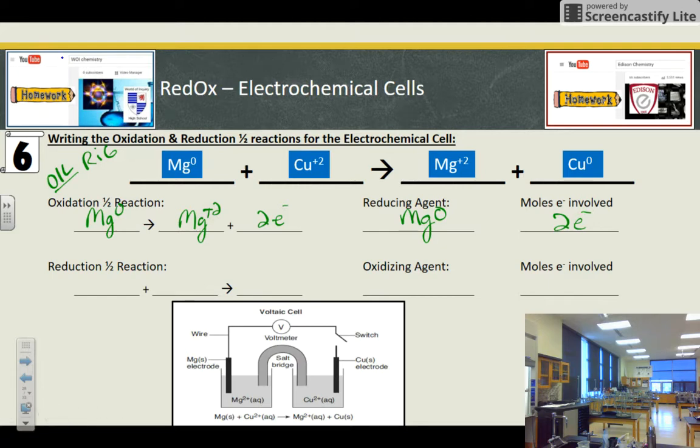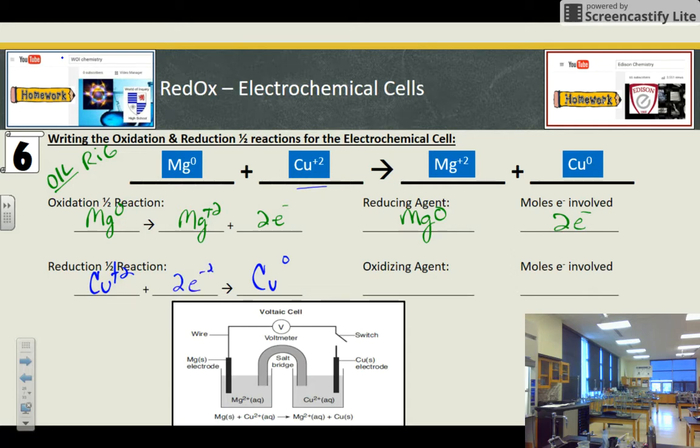Okay, so now I'm going to switch colors and go to Cu+2 goes to Cu0. Why did I write C0? Probably because I said Cu0. See how I jumped the gun there? Cu with a 0. And how many electrons do I need to get from a +2 to a 0? I need 2 electrons.